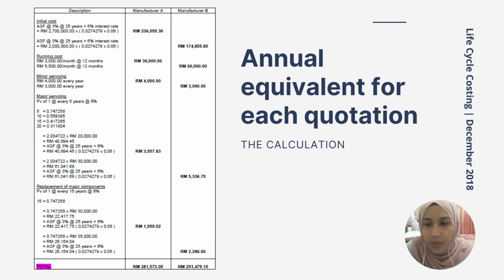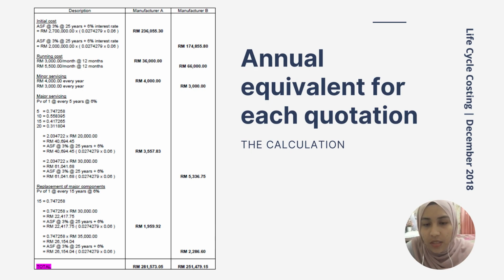And then manufacturer B, same formula as manufacturer A, RM 2 million times 0.0274279 times interest rate, and got RM 174,855 and 80 cents.